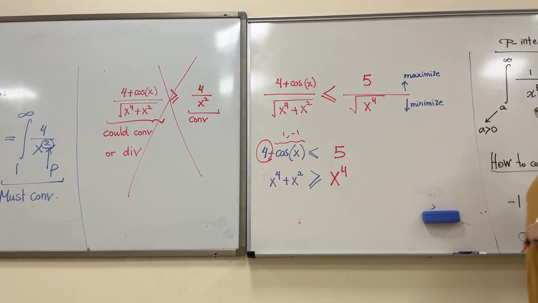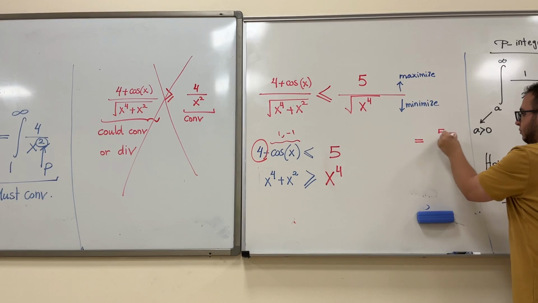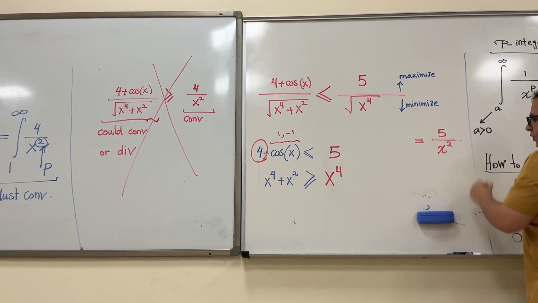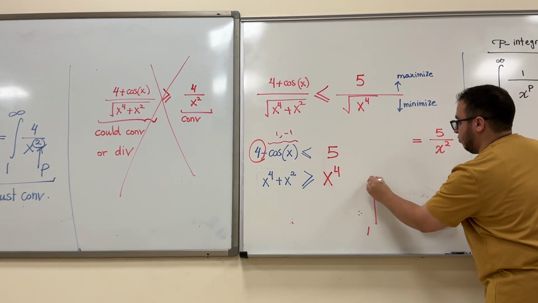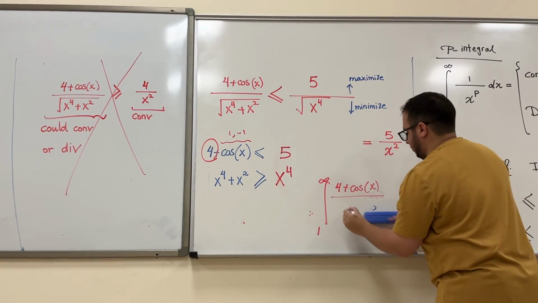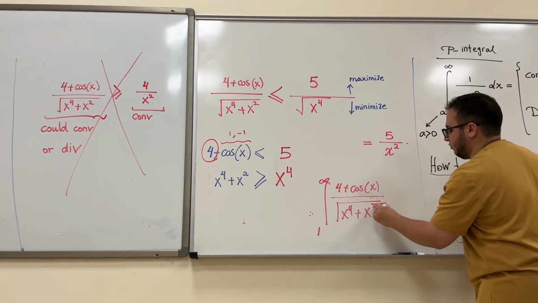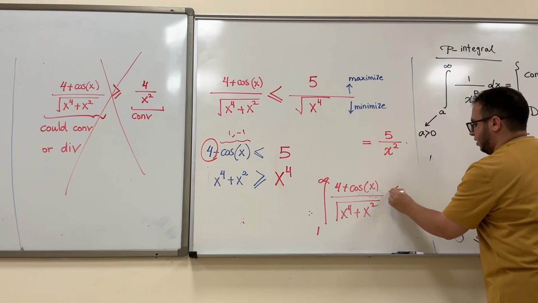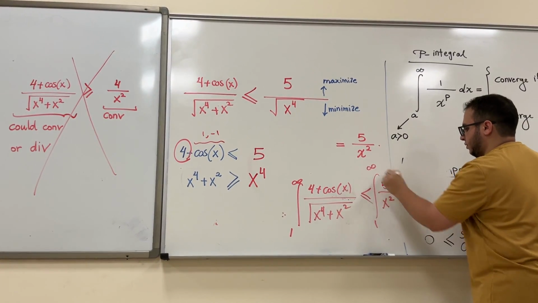I put the root back, which is equal to 5 over x squared. So therefore, my integral from 1 to infinity of 4 plus cosine x divided by root of x^4 plus x squared is less than or equal to the integral of 5 over x squared from 1 to infinity.